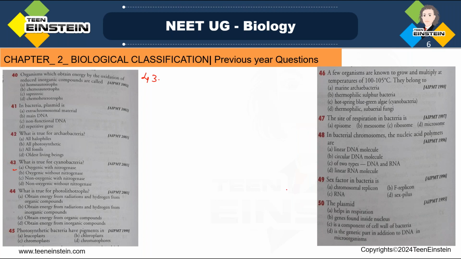Cyanobacteria, as we have already learned, are also called blue-green algae, and they are a very important group of photosynthetic bacteria. They have photosynthetic ability, and they can fix atmospheric nitrogen with the help of one enzyme. Which enzyme is involved in that?